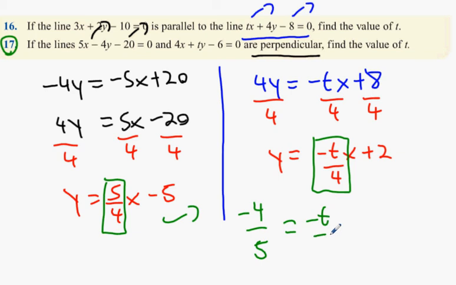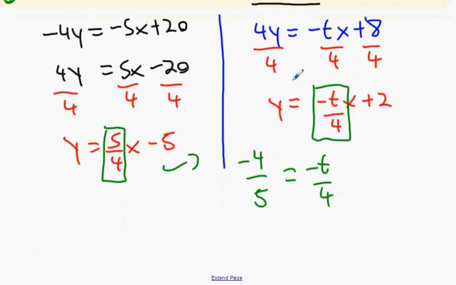Now, I have to solve what t is. We can cross multiply or give them the same denominator. What would you like to do? We'll give them the same denominator, right? What's the common denominator between 5 and 4? 20. So multiply that top and bottom by 5. And multiply this one top and bottom by 4.